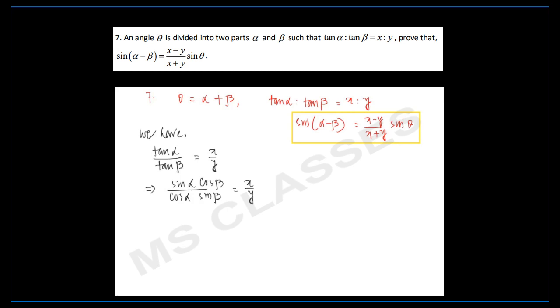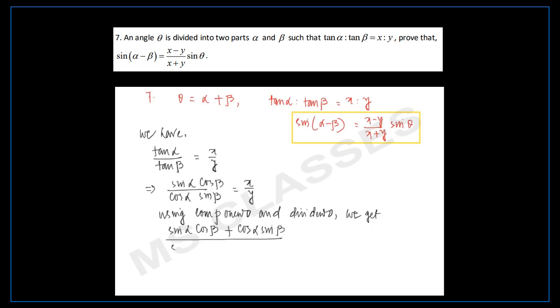Now, using componendo and dividendo, what we get? We get sine alpha cos beta plus cos alpha sine beta, divided by sine alpha cos beta minus cos alpha sine beta, equal to x plus y by x minus y.